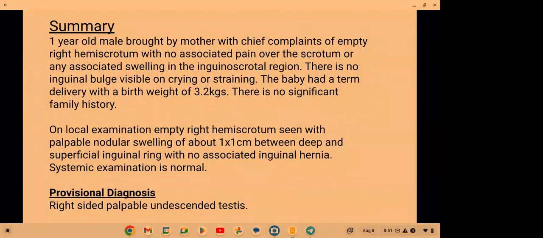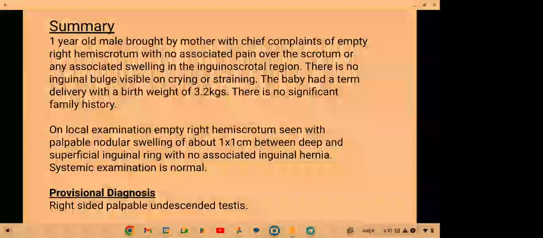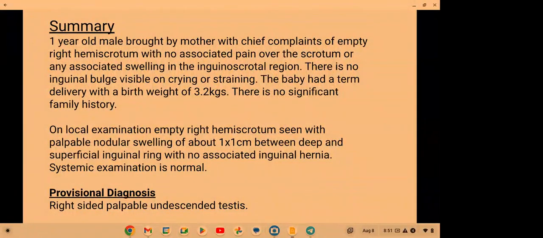Ma'am, looking at the deep ring, we can see if the cord structures are passing through the deep ring. If the cord structures are passing through and the deep ring is closed, that means the testis is somewhere in the scrotal region.